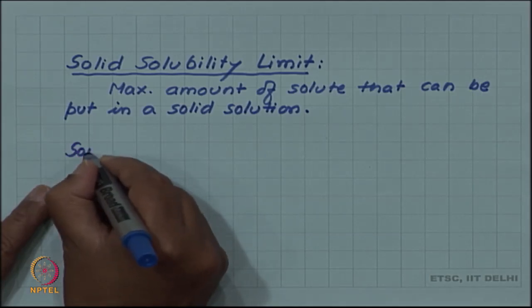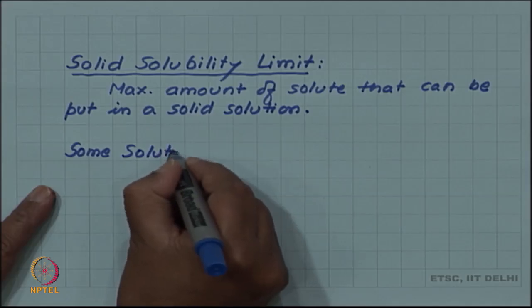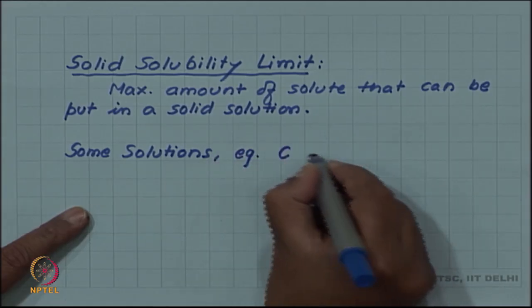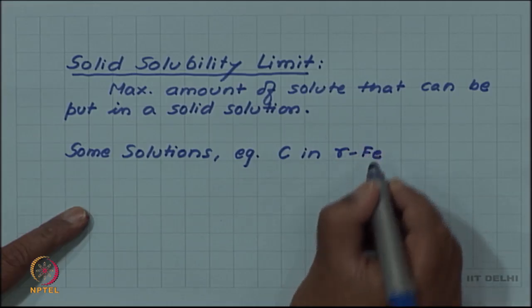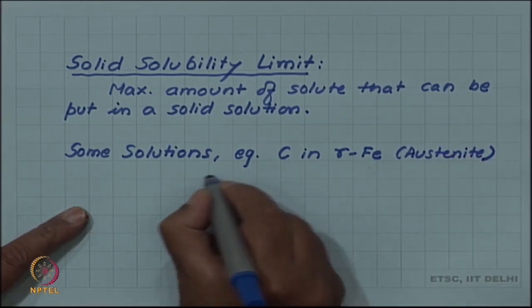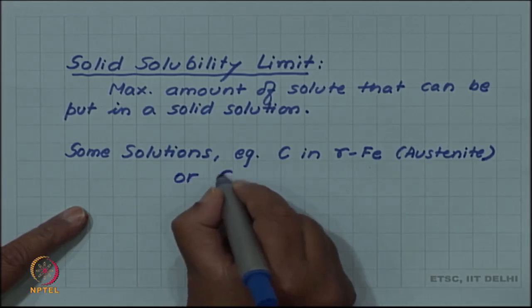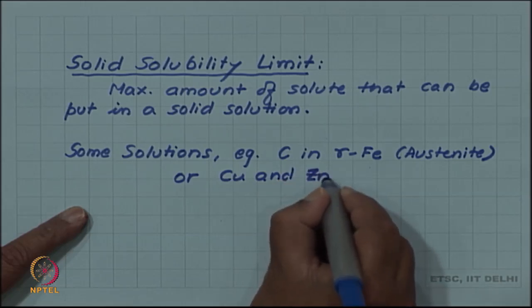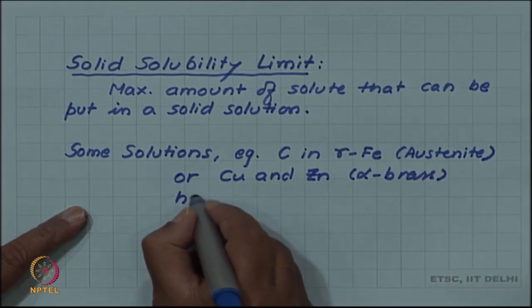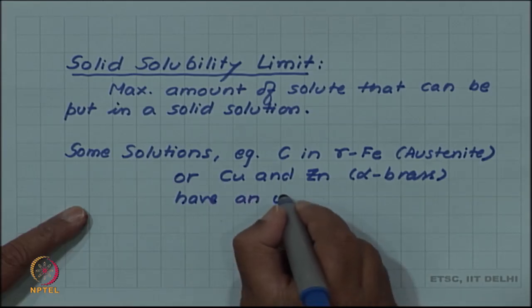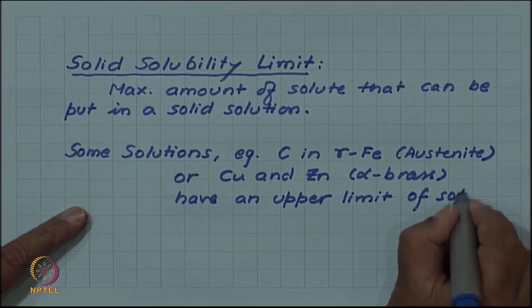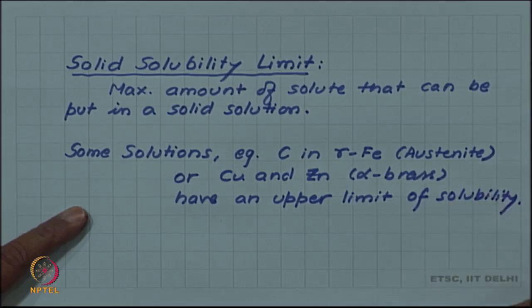So, some solutions, for example, carbon in gamma iron, our austenite, or copper and zinc, our alpha brass, have an upper limit of solubility.